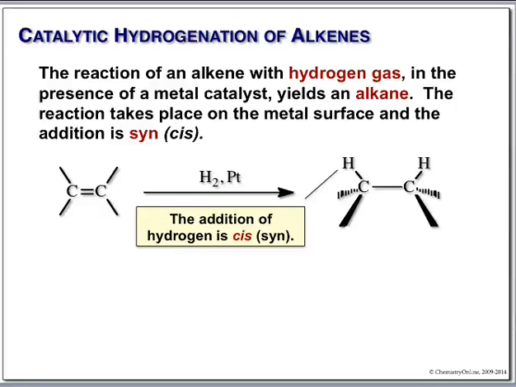But if you take an alkene in the presence of hydrogen gas and platinum, what happens is we add hydrogen to our double bond, and the addition of hydrogen is from the same face. So it's either cis addition, you could call it, or more properly, syn addition. Very, very simple reaction. Only thing you have to remember, hydrogens go in on the same side.